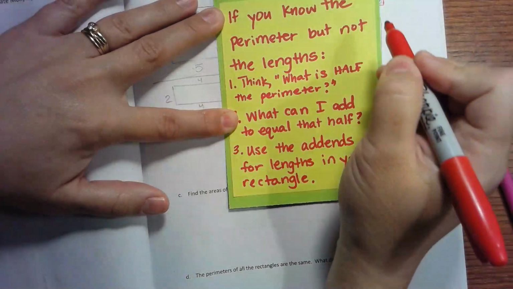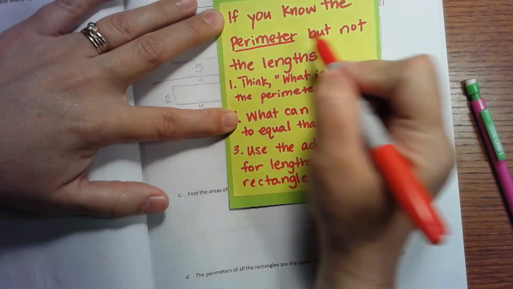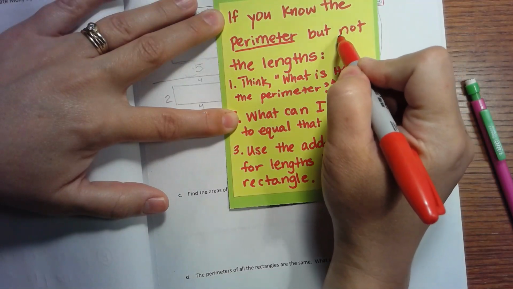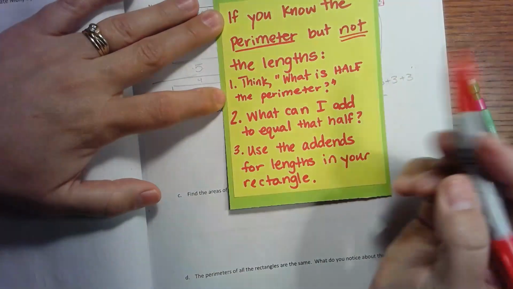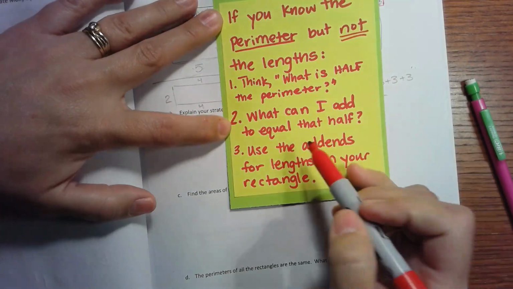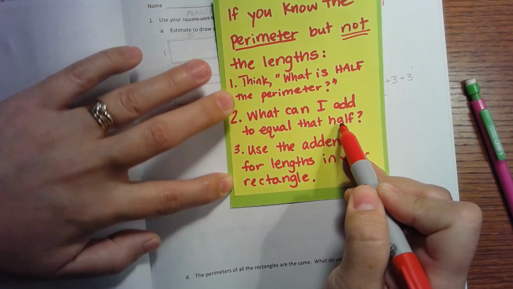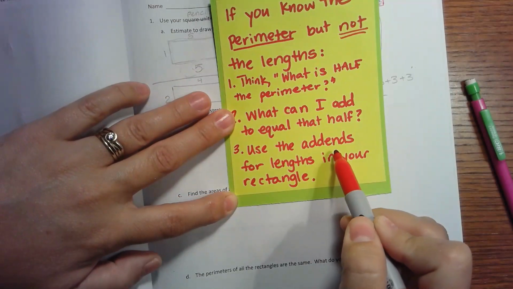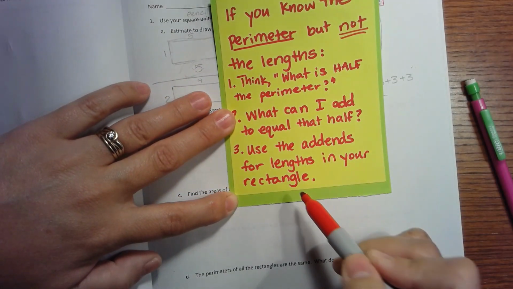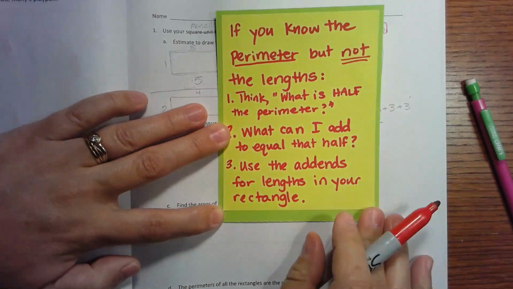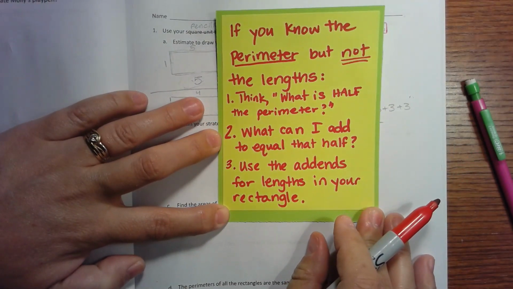So if you know the perimeter but not the lengths, take half the perimeter, think of what you can add together to equal the half, and use the add-ins you thought of as the lengths. So I hope that helps you see the steps.